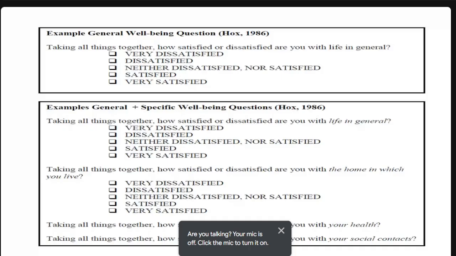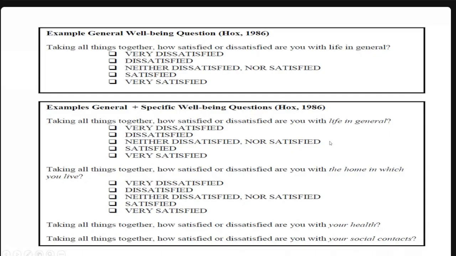You ask the responders how satisfied or dissatisfied they are with their life in general, which you have also asked in the earlier set. But here you are also repeating the same kind of question about his or her perception of satisfaction or dissatisfaction at the new home where he lived.